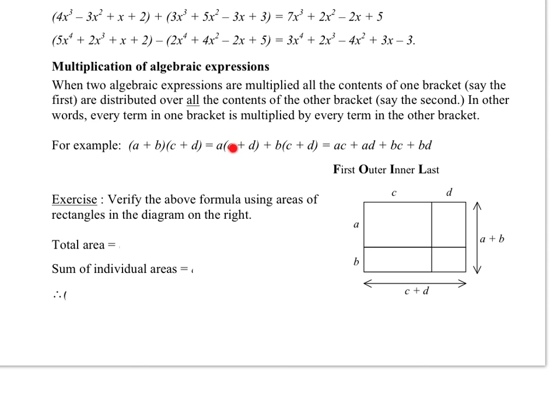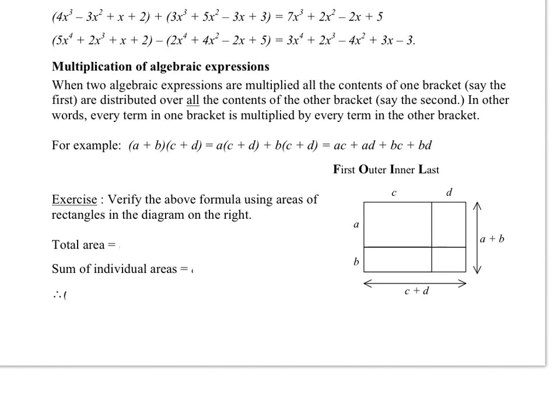And if you do that, you'll get ac, ad, bc, and bd. A way of remembering it is that the ac is the first terms of these expressions, the ad is the outer terms, the bc is the inner terms, and the bd is the last term of both.